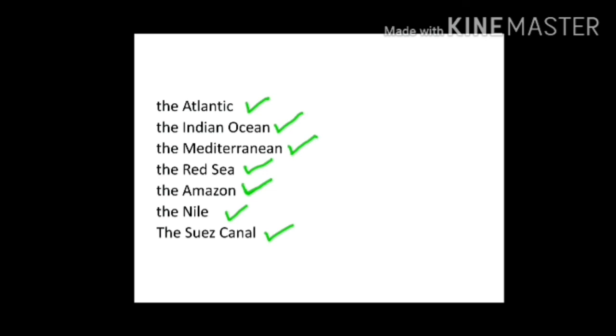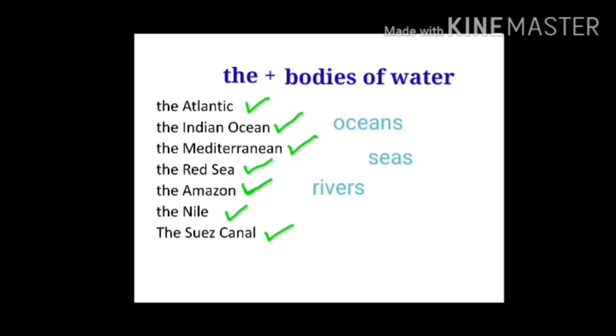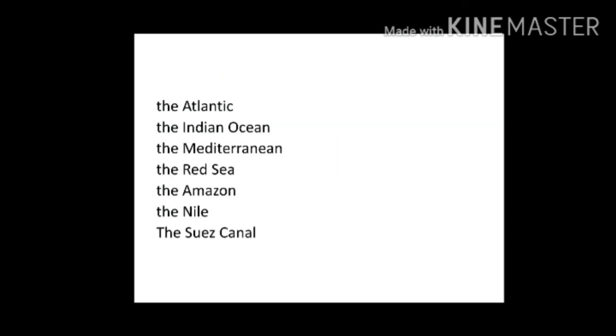Obviously, these are names of bodies of water. So the rule here is you are going to use the article the for names of oceans, seas, rivers, canals, and other bodies of water. So this is an easy one. You do not have much of a question about this, I suppose. The next slide.